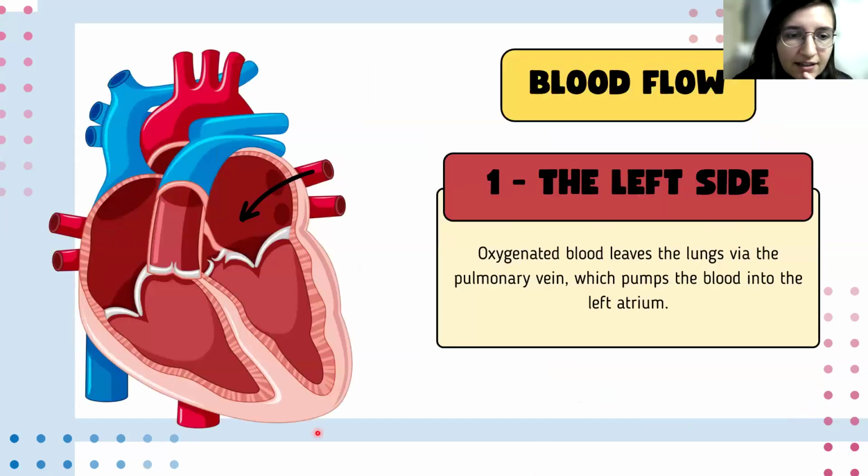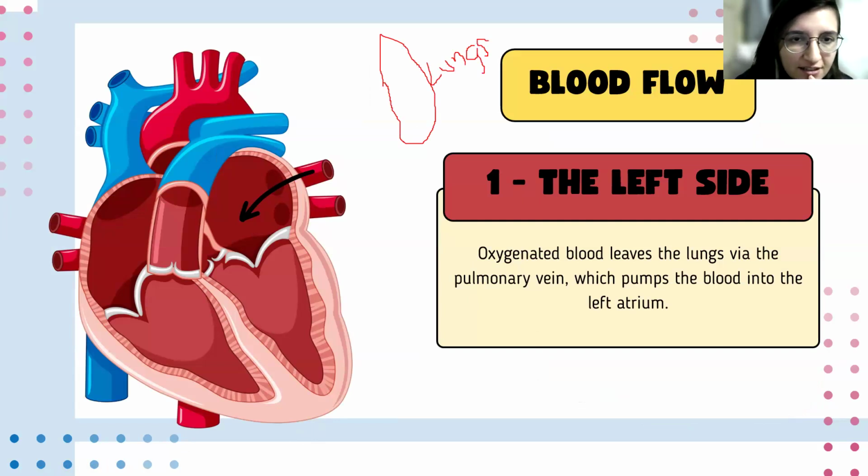Okay, and then, wait, let me just roughly draw the lungs here, okay? The lungs don't look like lungs, but okay, this would be the lungs. Now, in the lungs, they already got their oxygen, right?